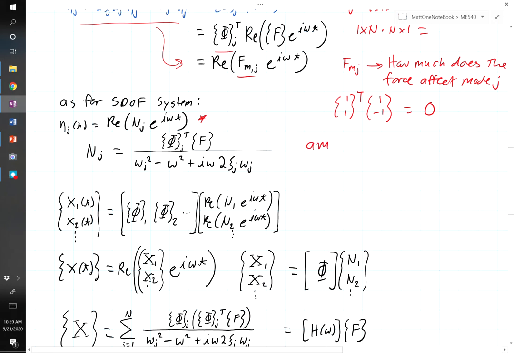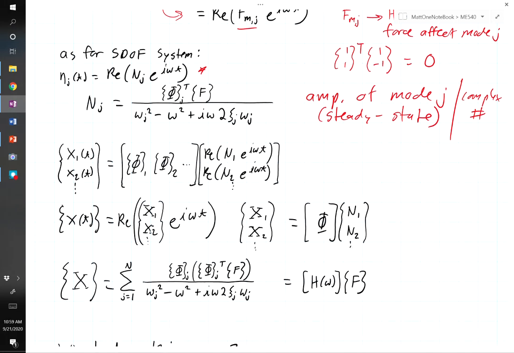So this is the amplitude of mode j, and in steady state still, right? And so it's a complex number that tells us how much mode j is excited.